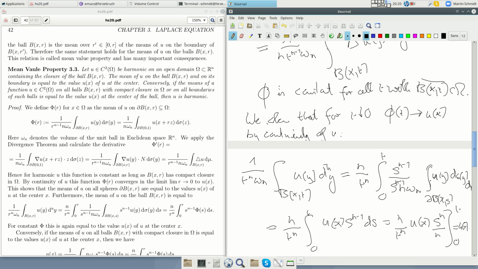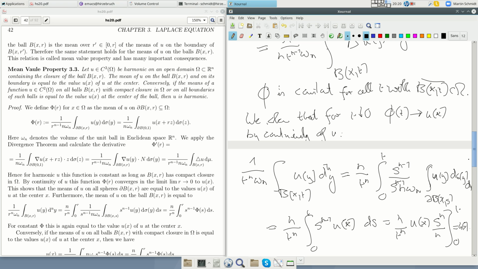And this is constantly equal to x. So we get, okay, I also reverse the order. So we really get S n minus 1 times u of x, and then integrate this, and then we get u of x. Okay, so we see, now we have proven one direction.